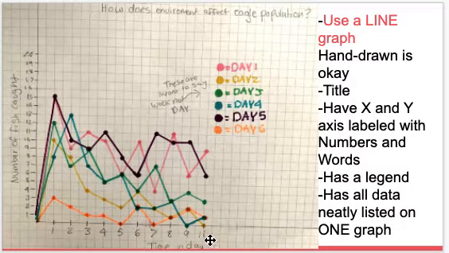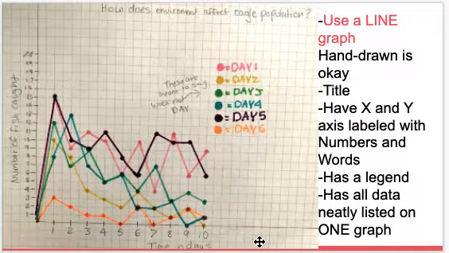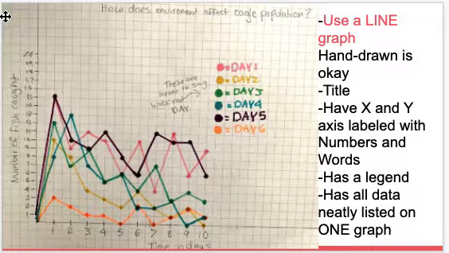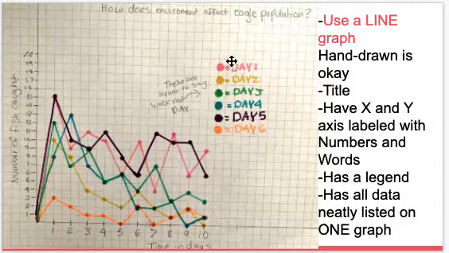Time will be listed on the bottom. Sometimes not, but almost always time goes on the bottom. Then up on the y-axis, she has numbers and a description, number of fish that she caught. And then she has a legend describing what each line was.